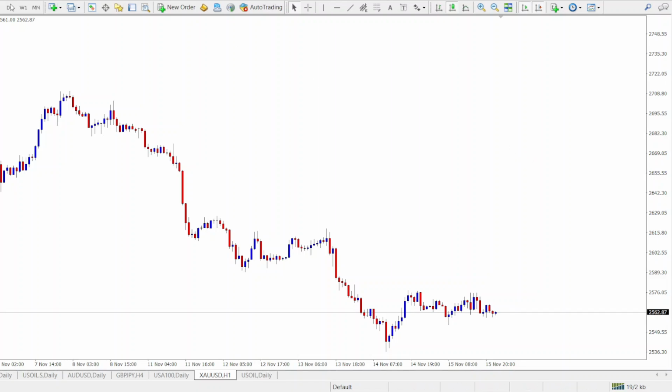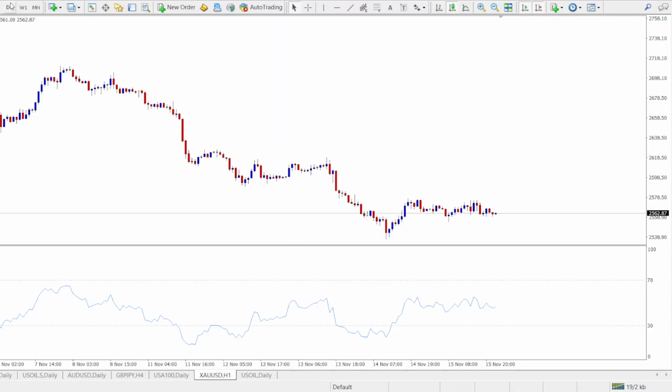So let us just add these two indicators to our chart. The relative strength index, first of all, and then the Bollinger Bands. Here we go.